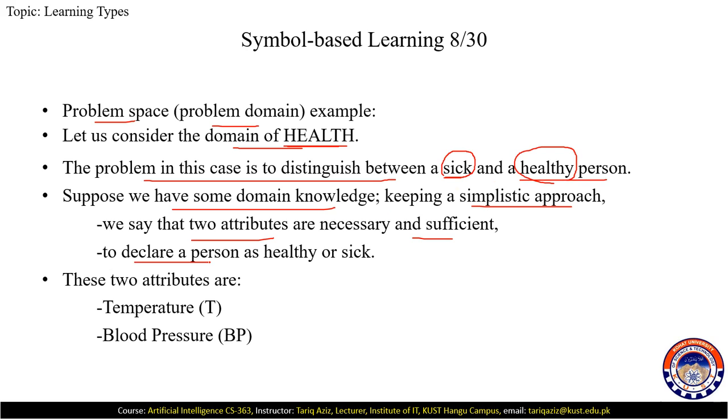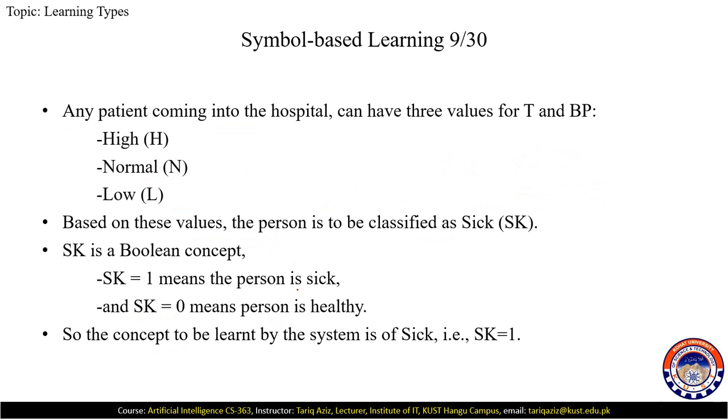These attributes are the temperature, which we will represent with T, and the blood pressure, which we will represent with BP. Based on these two attributes, we will try to identify whether a person is sick or healthy.